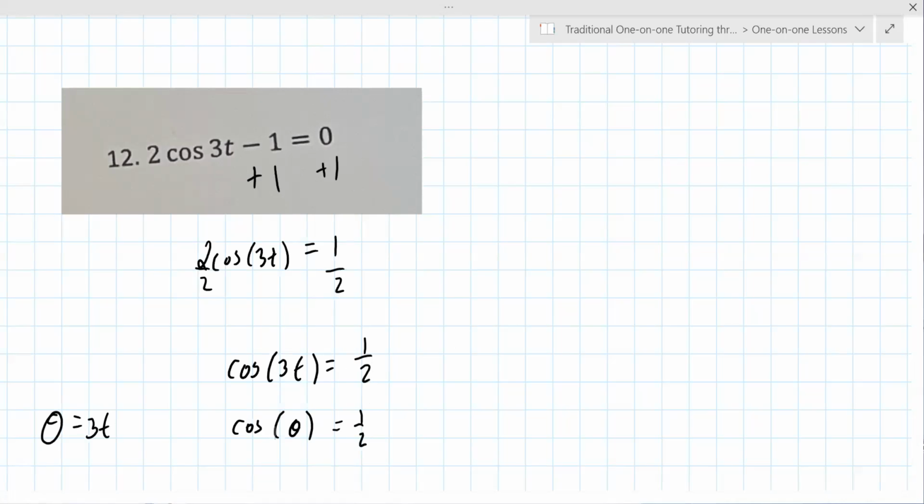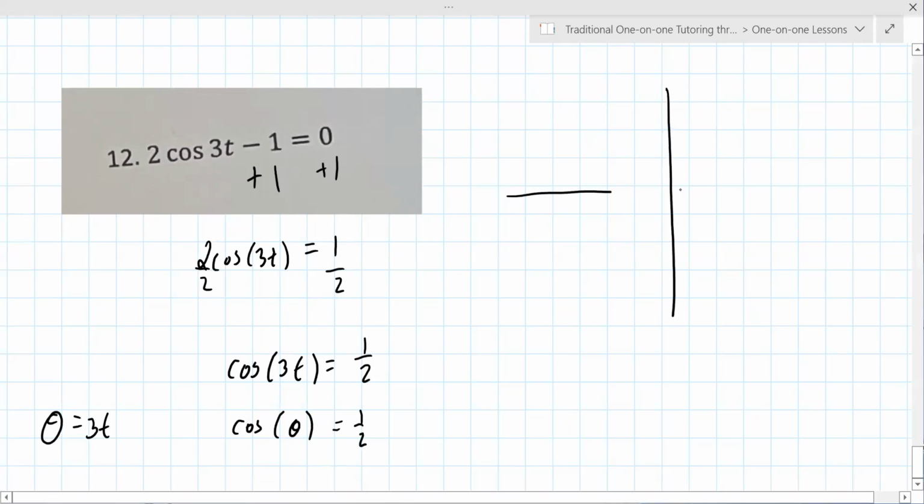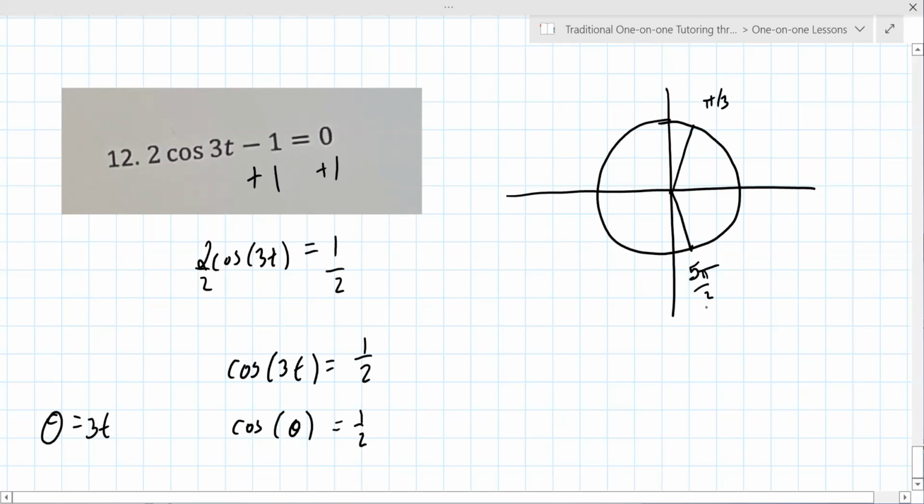And that's where you go to your unit circle again, and you ask yourself, where is the x value 1/2? So pi over 3, and then 5 pi over 3. So those are your answers.